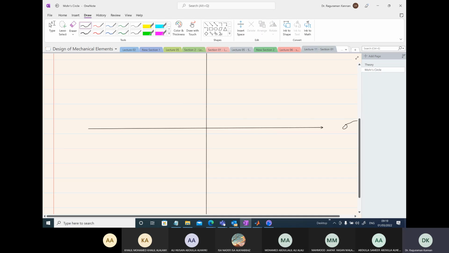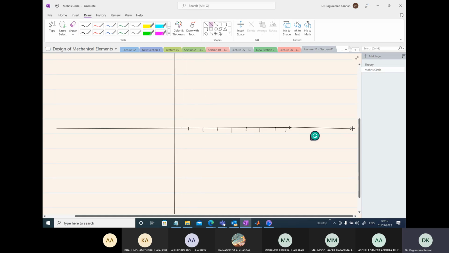We need about 80 divisions at least on the sigma axis. So I'm going to put sigma here and divide it into 8 or 9 divisions. 2, 3, 4, 5, 6, 7, 8. Let's extend this axis a little bit. And 9 and 10. So maybe I should extend it a little more towards the right, the sigma axis. I think it should be enough.